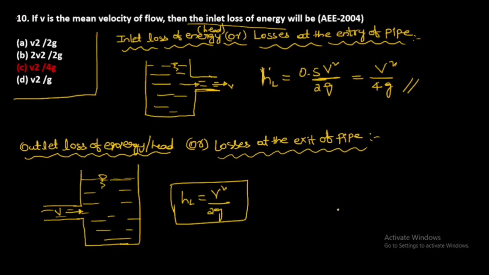Sudden expansion and sudden contraction are within the pipe, suddenly expanding or contracting. This is not in the pipe; it is from another system. It is liquid entering into the pipe and liquid exiting from the pipe. So there is a difference between sudden contraction and sudden expansion and this.